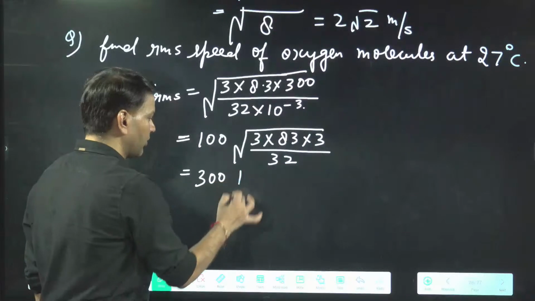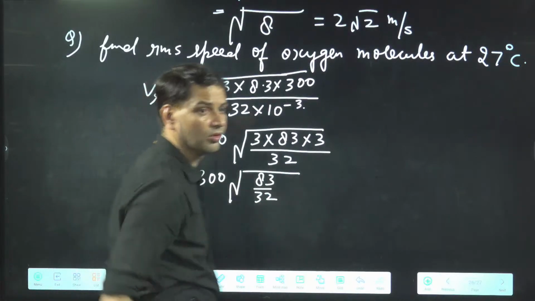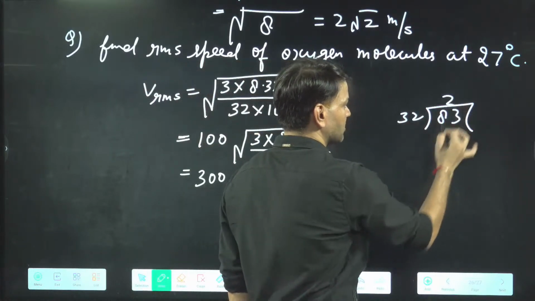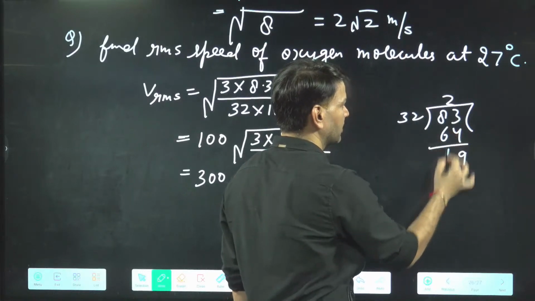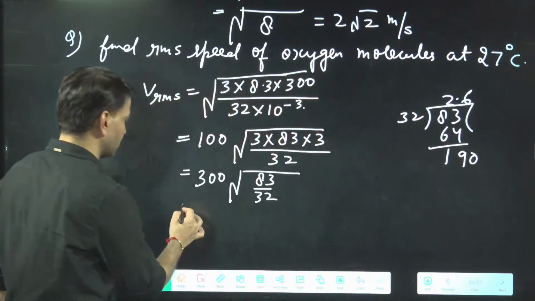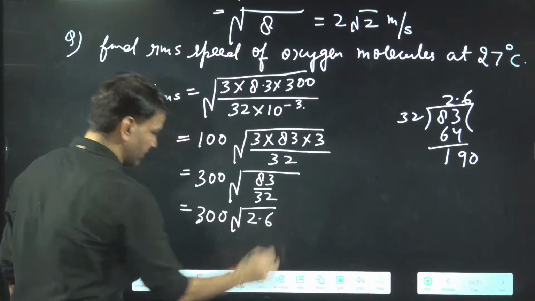So 300. Now under root of 83 by 32. So 32 and 83, 32 twos are 64, then 19, so approximately 2.6. So you got 300 under root of 2.6.